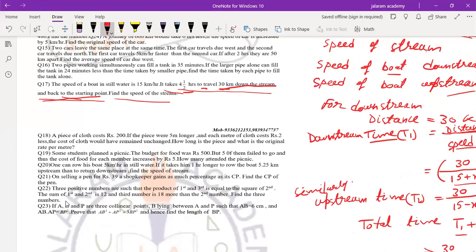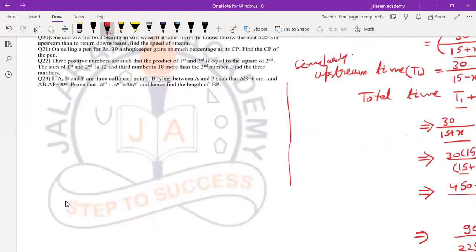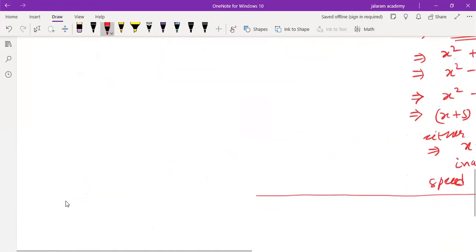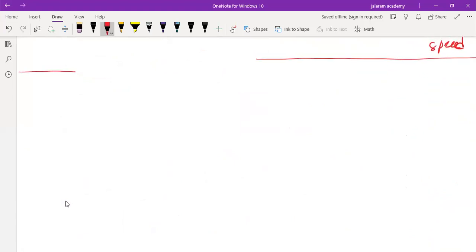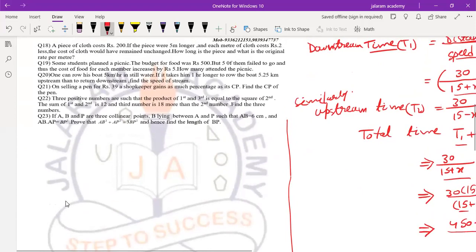Next question, question number 18. Very easy question. I think you all must have done this. 18th question. A piece of cloth cost rupees 200, means total cost of the cloth is rupees 200.